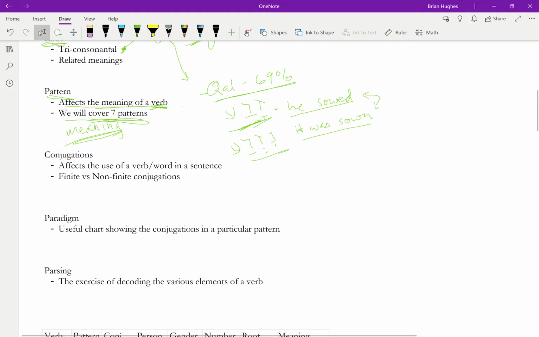Now, conjugations affect the use of a verb or a word in a sentence.